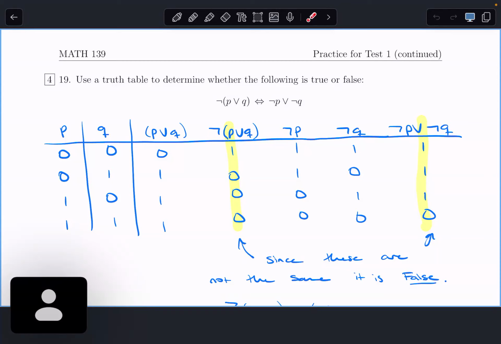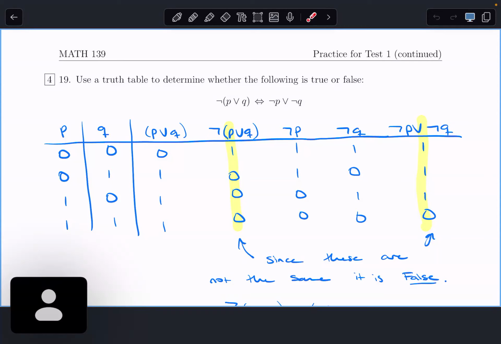I guess it's the same as addition. So whenever you say or, it's addition. What about multiplication? For and, it'd have to be both 1 to be 1, right? Yeah, so it's kind of just like coding. Yeah, they're the same.